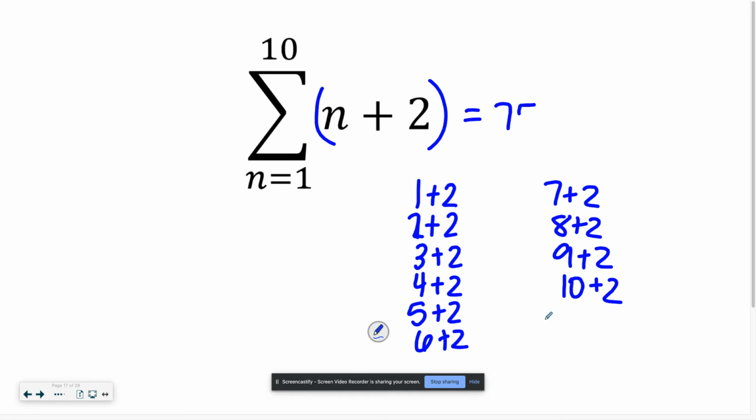But again, if you plug this in the calculator, you shouldn't have had any issues. So remember, go to math and then go all the way down to summation.